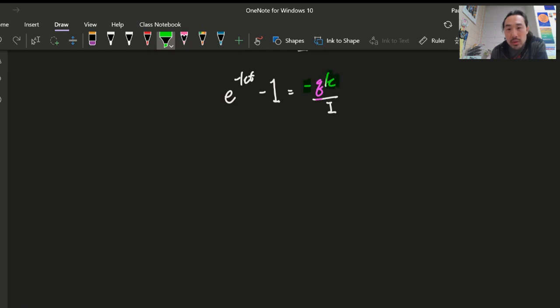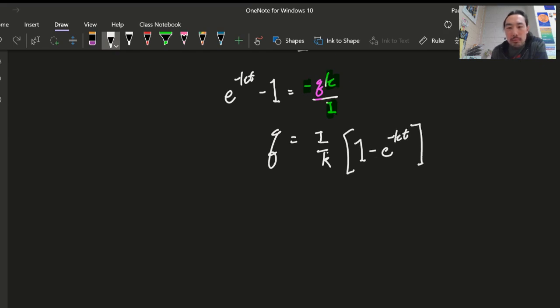So I'm going to multiply both sides by that, and what ends up happening is we get q is equal to I over k, and let me make sure if I distribute out that negative, we get 1 minus e to the negative kt power.